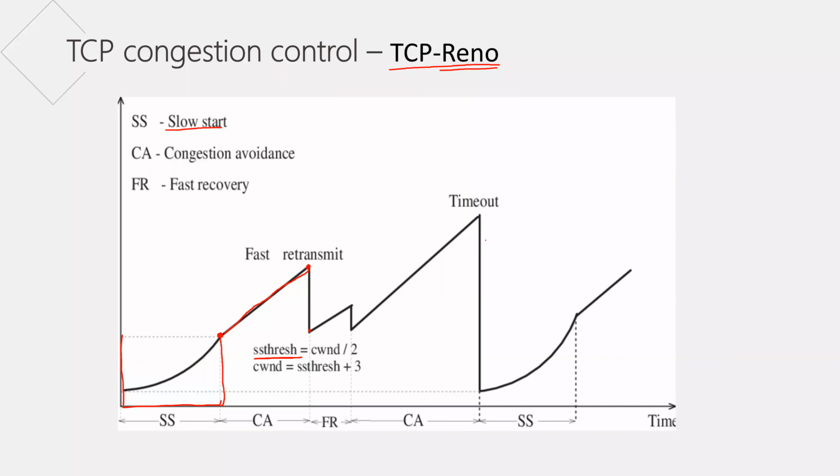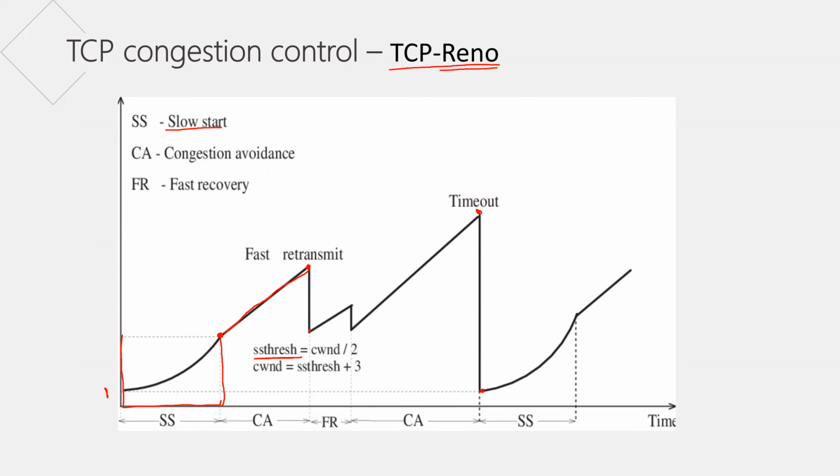So that's how it works. And if we find a timeout event, which means the packet has timed out, we will go back to 1, this part here, and start from slow start. So that's how Reno works. So you can see it's a kind of strategy for how we use slow start and AIMD, right? Don't worry too much if you don't understand how it works. We will have a look at it later.